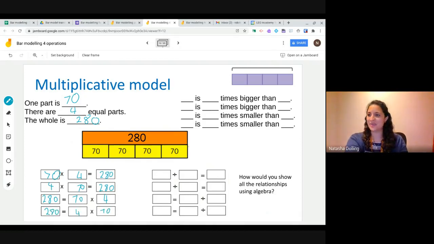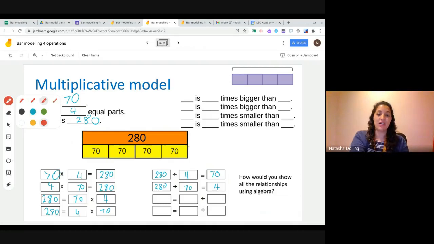Let's have a look at those addition ones. 280 divided by 4 equals 70, or 280 divided by 70 equals 4. And then I'm hoping you were thinking what I was thinking, that these ones here are most definitely the trickiest, in the same way that these ones with subtraction were the trickiest.